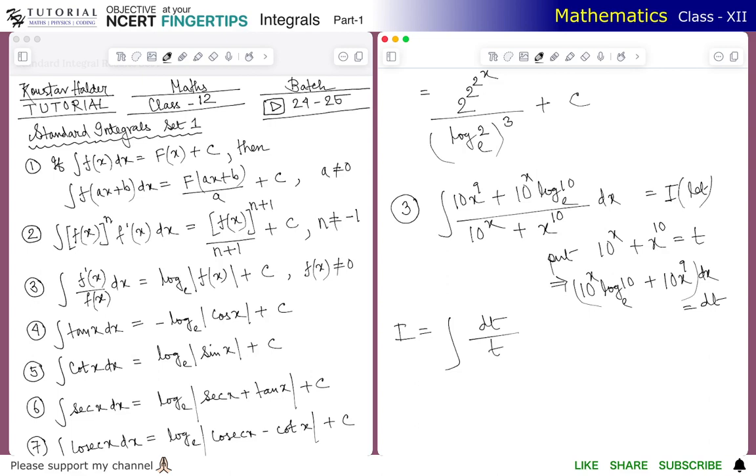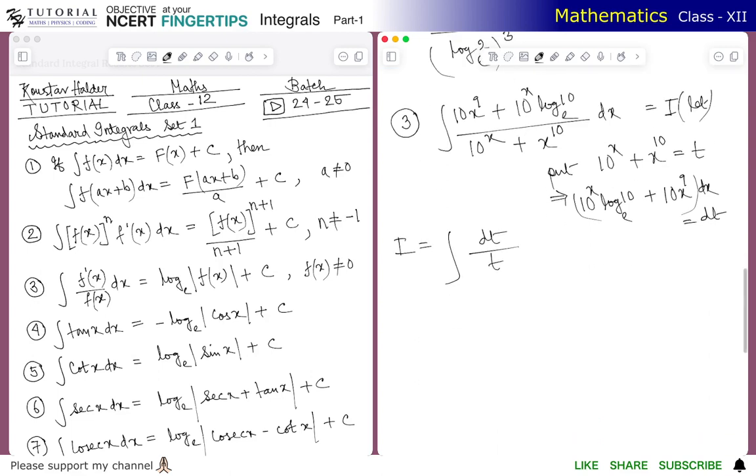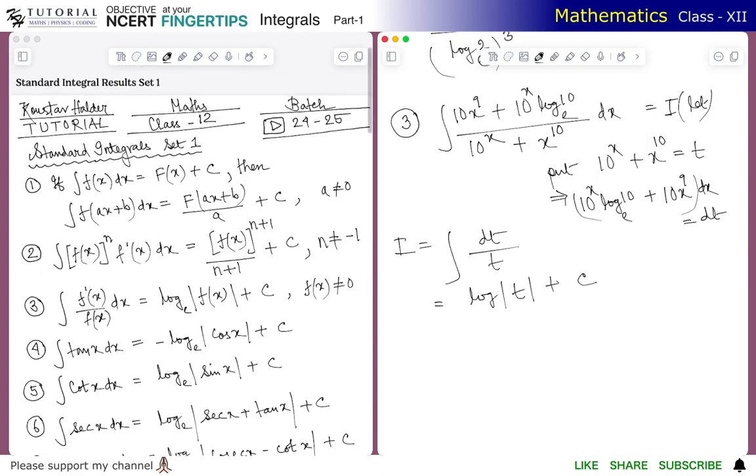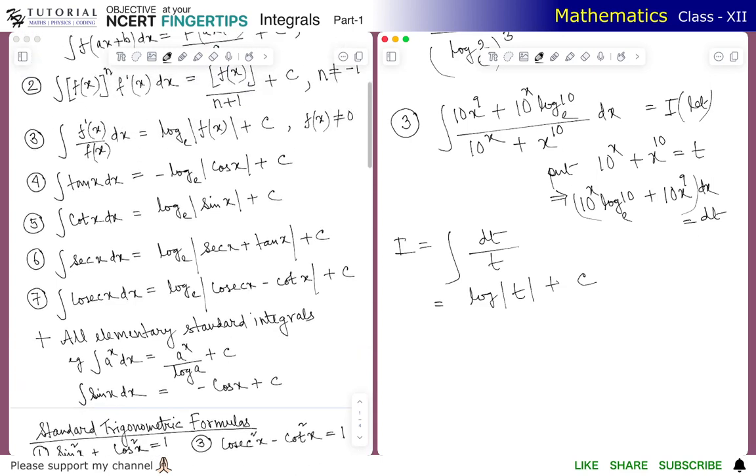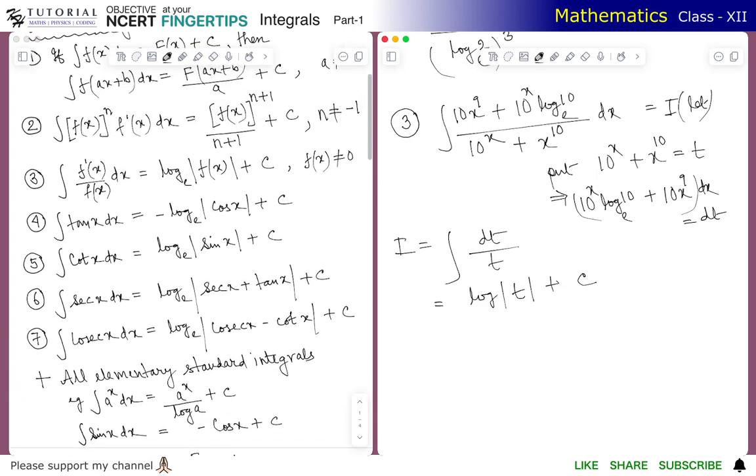So this was easy. Now this is log mod t plus c. Integral of 1 by t is log mod t plus c.